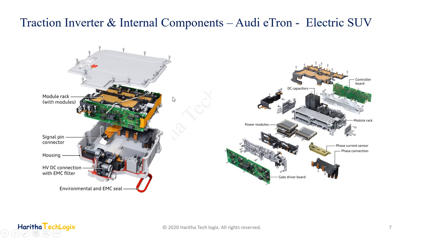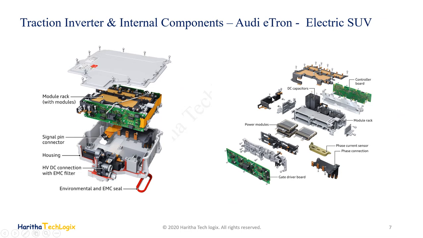This is also an example of a real inverter. I have taken this example from the Audi e-tron, and this inverter was developed with support from Bosch. The specialty of this particular inverter is that it has an IP rating of IP6K9K, which is one of the highest waterproofing ratings of any electrical or electronic component.